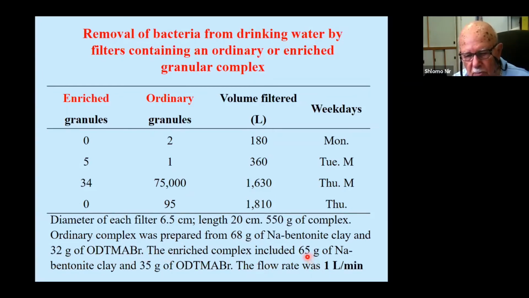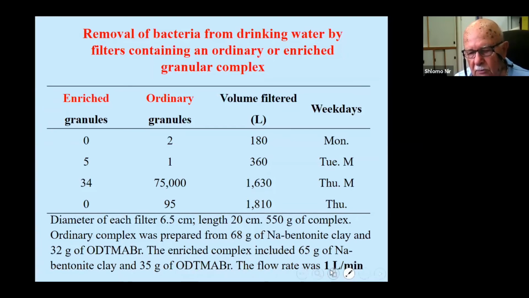The enriched complex included less clay and more of the cation. So more cation per clay in this case. It was expected that if we have more cation per clay, there would be more released cations.